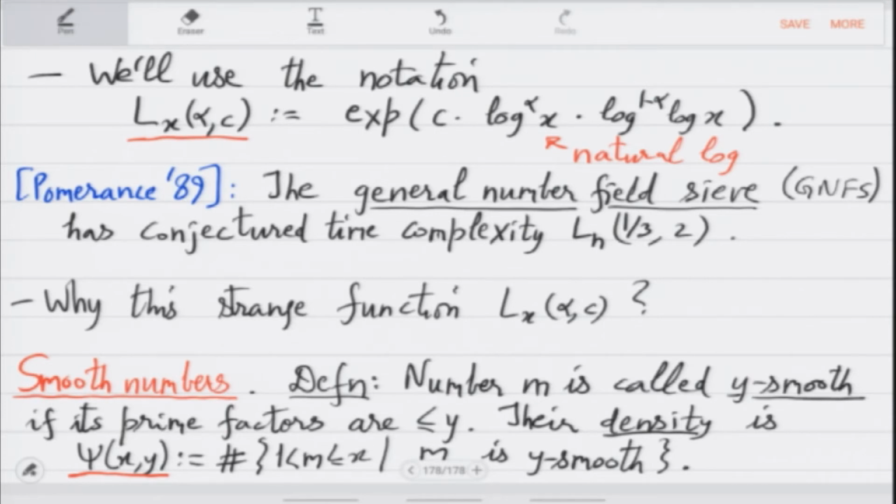It is actually this density that decides the complexity of integer factoring algorithms.